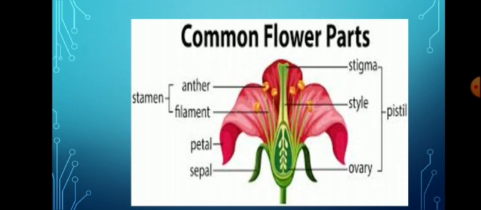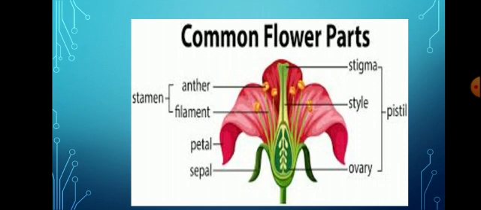They attract insects and birds for pollination. The colors and brightness help attract insects and birds. In the reproductive system, many processes occur: pollination, fertilization, etc. One of the processes is pollination.